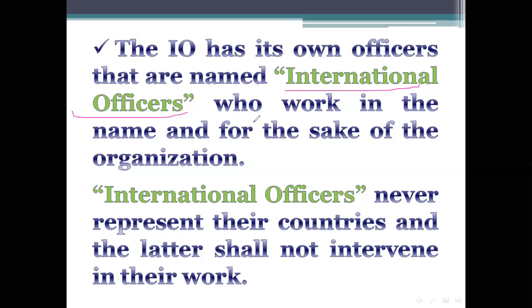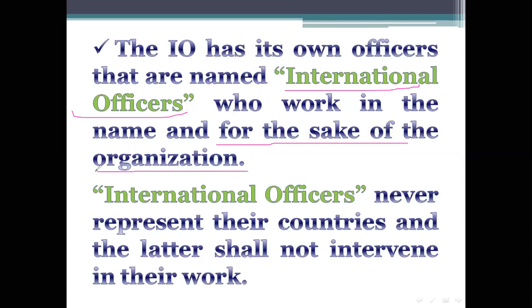He's not working for the sake of his state, لمصلحة دولته, ولا باسم دولته. He is working under the name of the United Nations, and only for the sake of the United Nations. So Ban Ki-moon here doesn't represent his state.